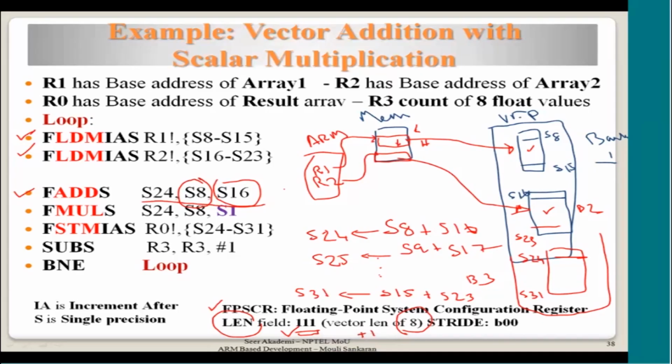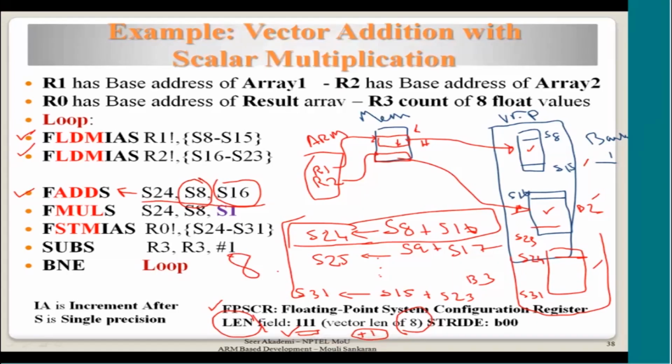We are not given any of these register values. Only these register values are given, and it is implicit that if the registers belong to a bank other than bank 0, and the LEN field says how many elements in a vector operation are to be done, then that many operations are done. This one instruction performs 8 additions.